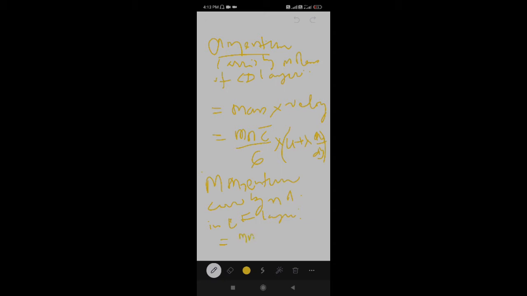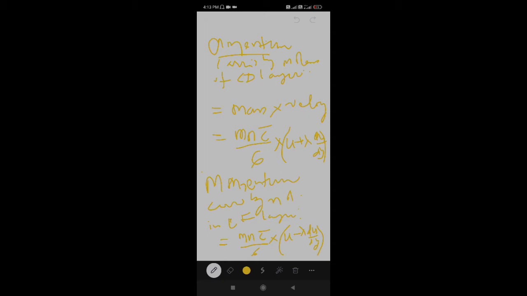Mass is m n c bar by 6, into what is the velocity of the molecules in the bottom layer, EF layer? U minus lambda du by dy. See, there is a slight change in the momentum carried downwards and momentum carried upwards.